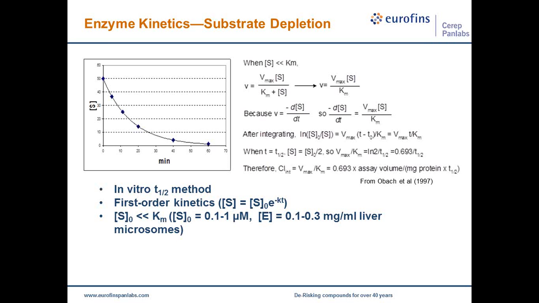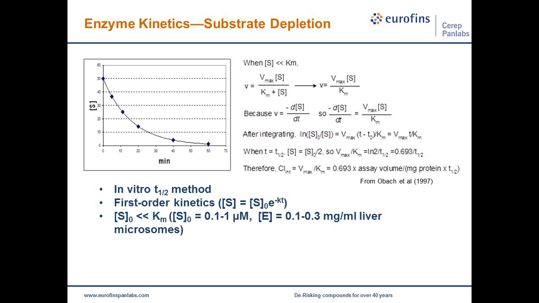So typically, the substrate concentration, or the test concentration, for the test compound that we use is from 0.1 to 1 micromolar. And to minimize protein binding effects, a small enzyme concentration is often used. Typically, it's from 0.1 to 0.3 milligram per ml liver microsome.